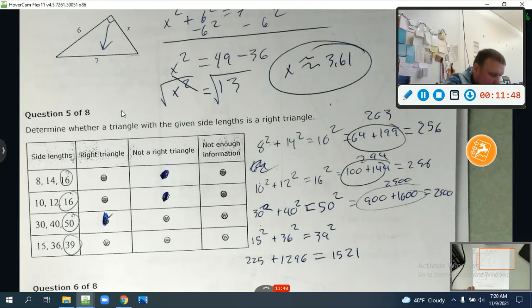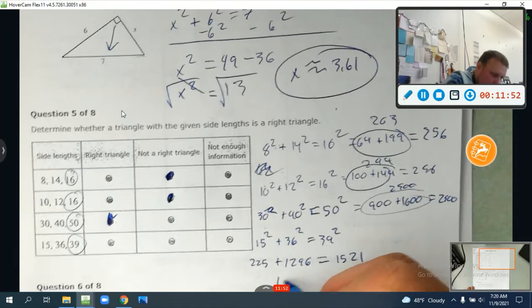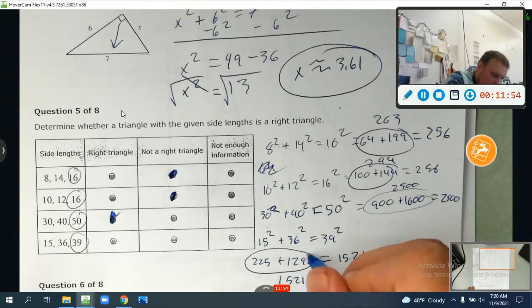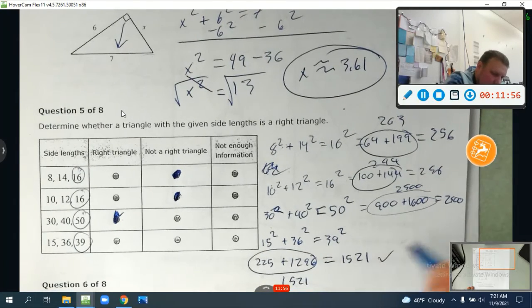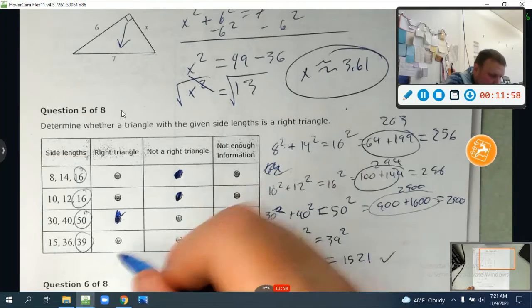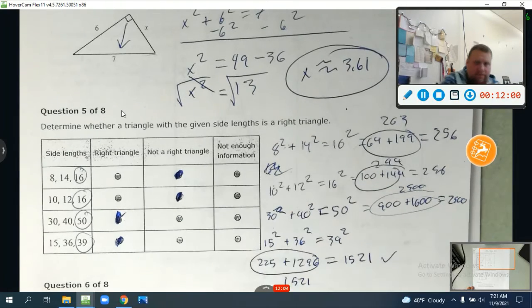What's 225 plus 1296? That is 1521. Those equal each other, check. So that's going to end up being a right triangle. Look at that. Didn't know that, now I do. Not hard, just a little bit of tedious work there.